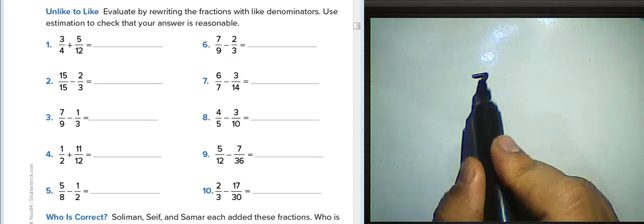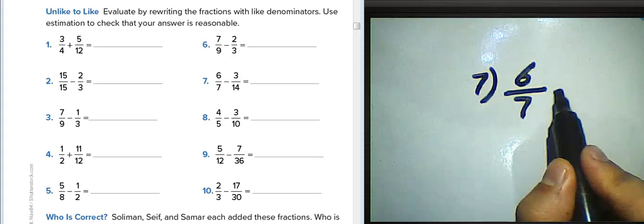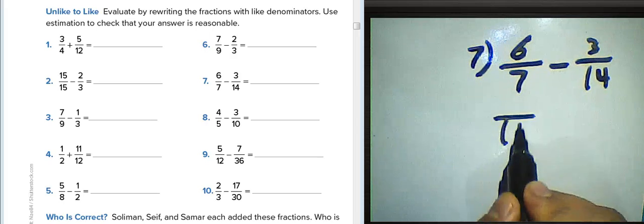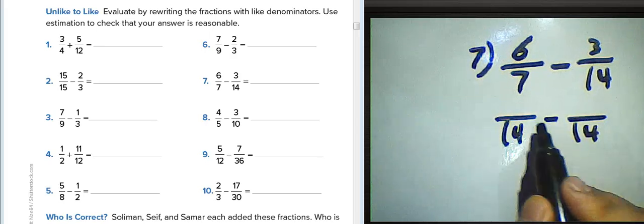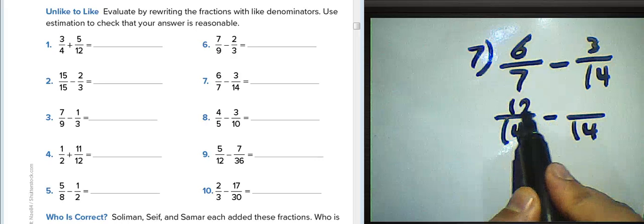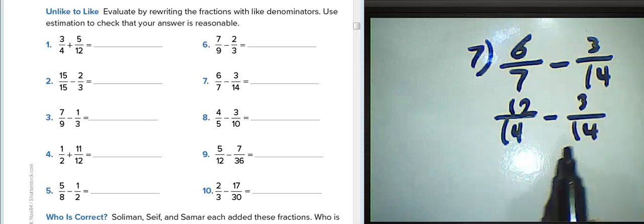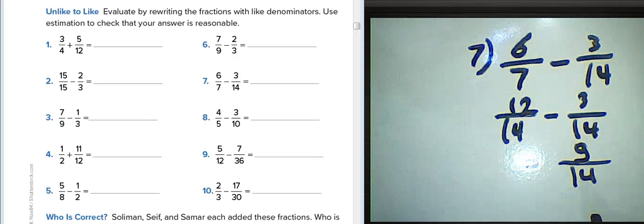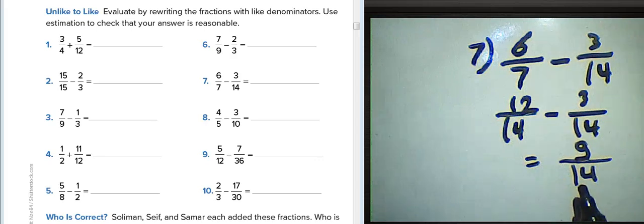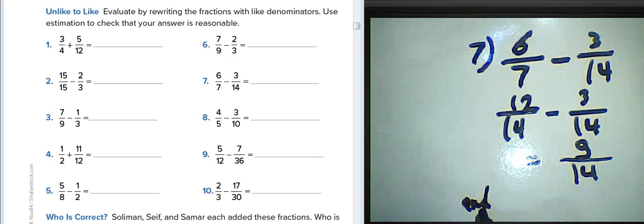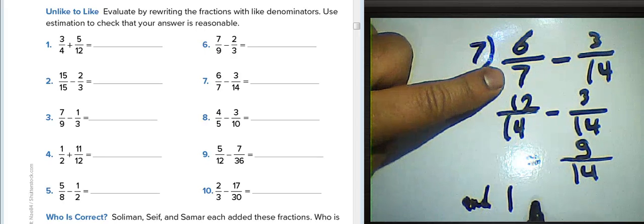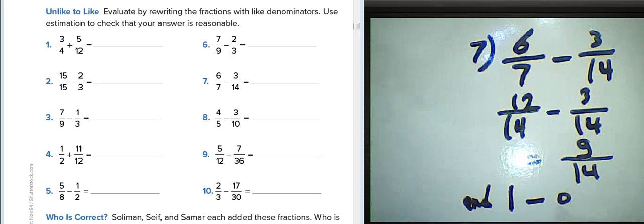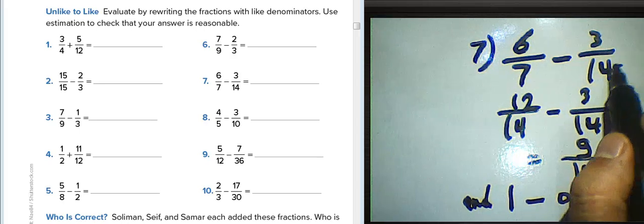Question number 7. 6 over 7 subtract 3 over 14. The least common multiple between them will be 14. 2 times 7 equals 14, 2 times 6 equals 12. And we can write 14 here, 12 minus 3 equals 9. The result will be 9 over 14. 6 over 7 is rounded to 1, and 3 over 14 is rounded to 0, because half of 14 equals 7.